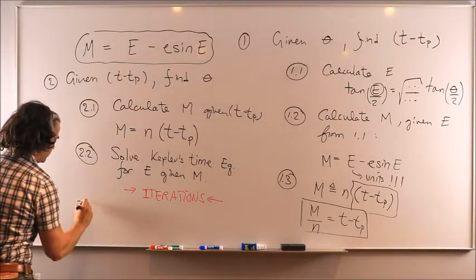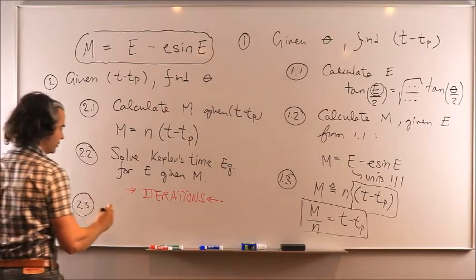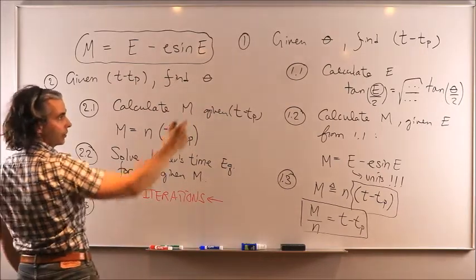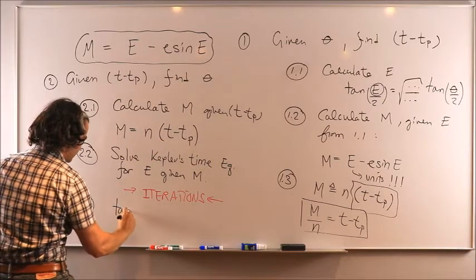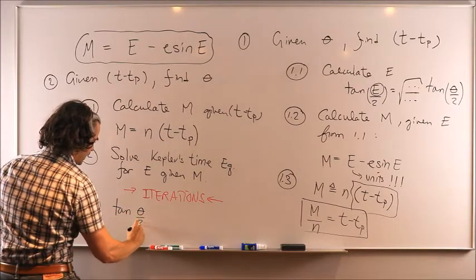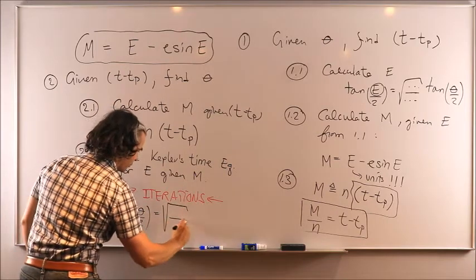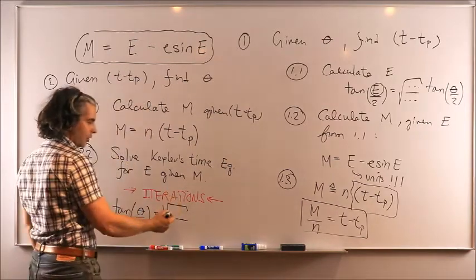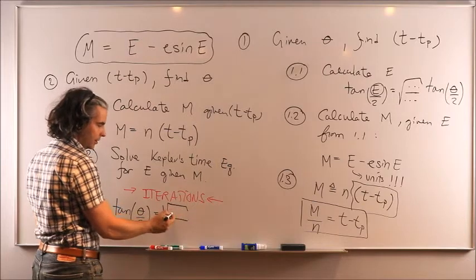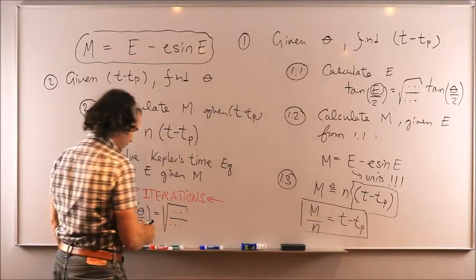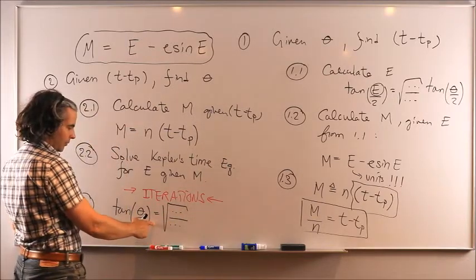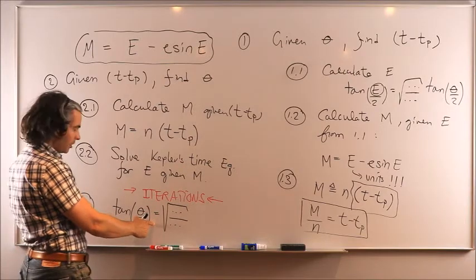And then in 2.3, what you do is that you just calculate your true anomaly using tan theta over 2 equal the square root of the ratio. I always forget if it's 1 minus E over 1 plus E or the other way around. I'll let you figure this out based on your handwritten notes a couple of lectures ago.